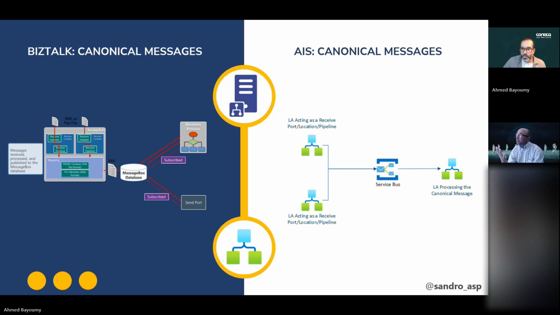We standardize the message that we are receiving from that partner, put it in the canonical format, and send it to the Service Bus, okay? And then behind the scenes, we can have a Logic App processing those canonical messages. So again, we need to think a little bit differently because we don't have all the components or artifacts that BizTalk has in the same way that Azure Integration has, okay?